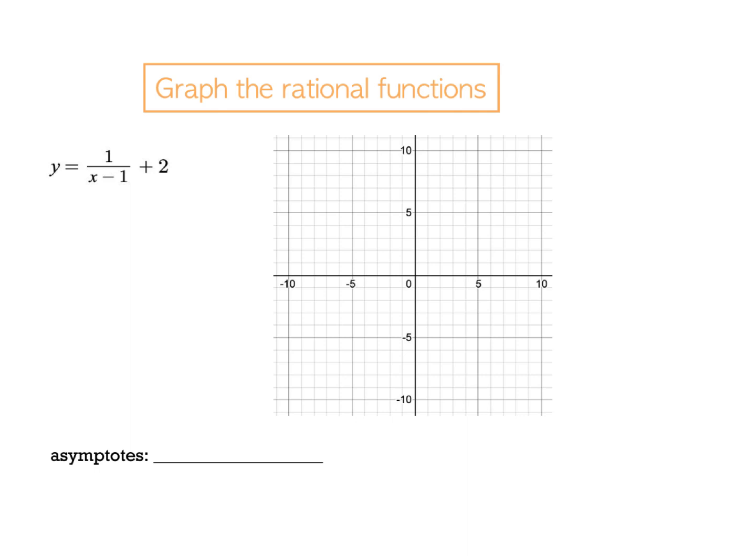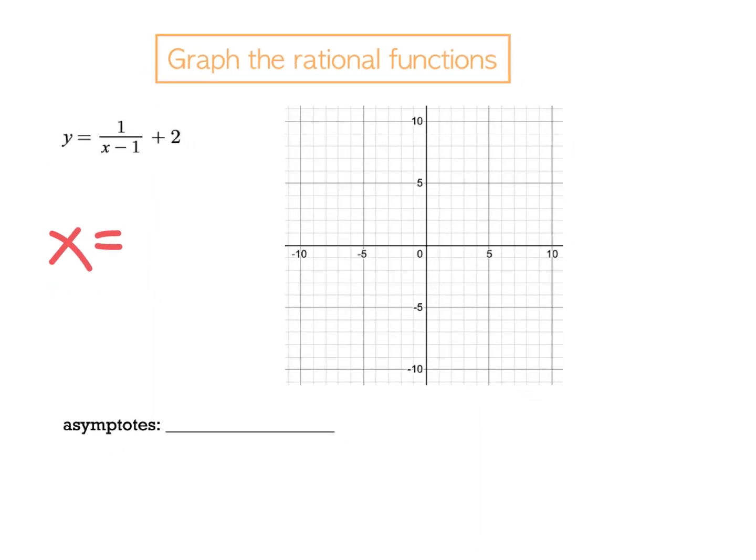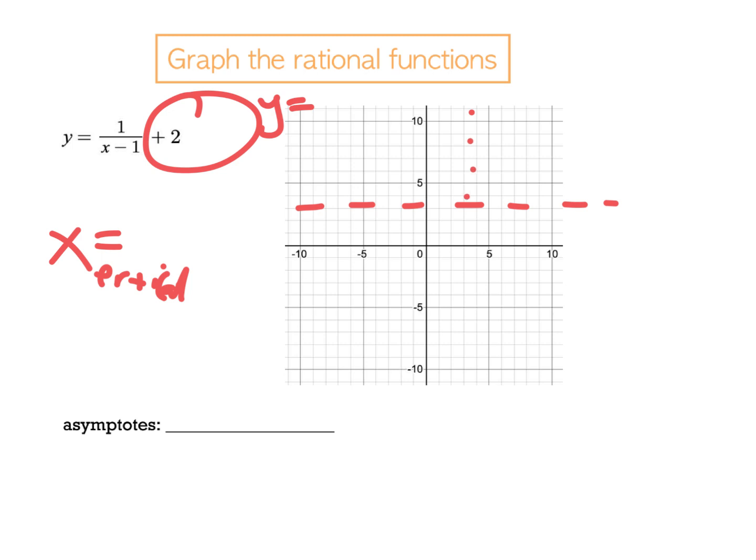So how would I do it? I figure out my X equals, the vertical asymptote. And then I'd figure out my Y equals asymptote, and that's the horizontal, and then I'd put them in. I am on purpose not putting them in the right spot, but you'd put your asymptotes in the right spot. And then I'd list them here, like X equals 3 and Y equals 2 or whatever.